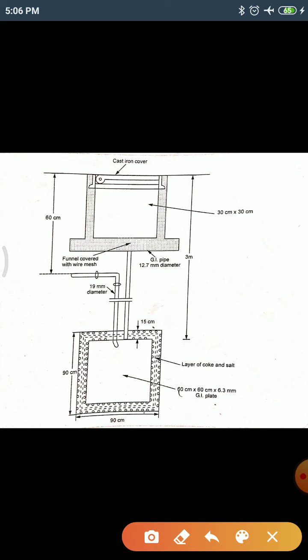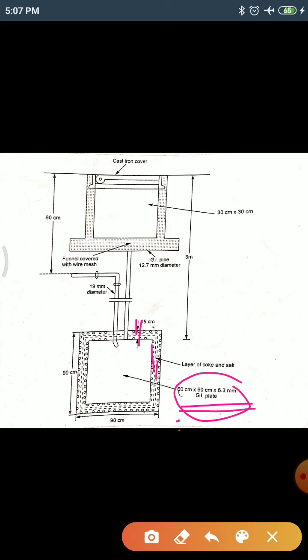The copper plate size should be 60 centimeter by 60 centimeter by 3.18 millimeter. GI plates are commonly used, and their size should be 60 centimeter by 60 centimeter by 6.3 mm. Remember, what we have shown is a layer of chalk and salt.